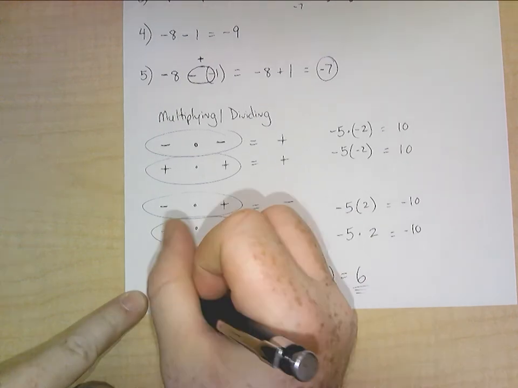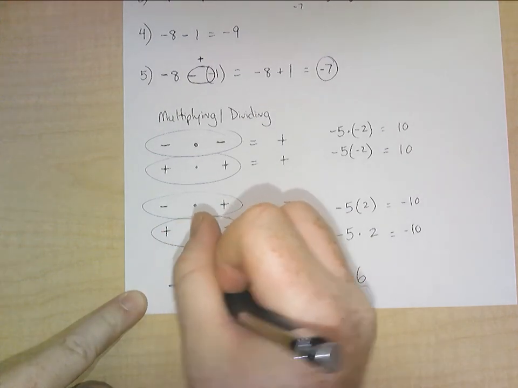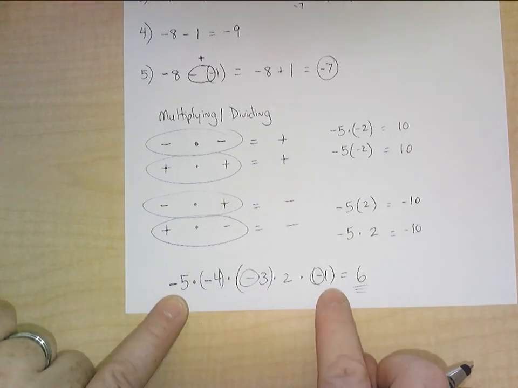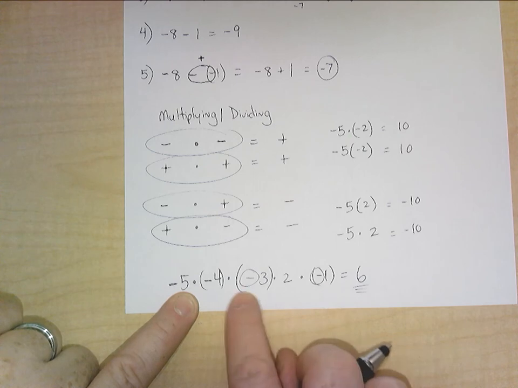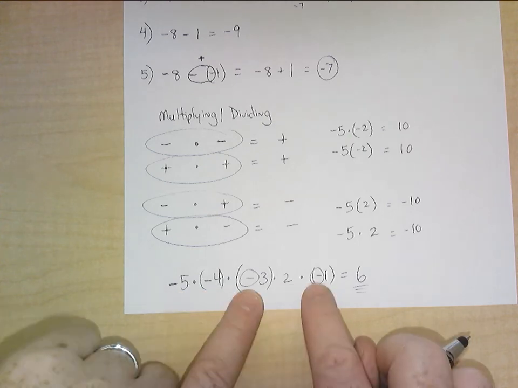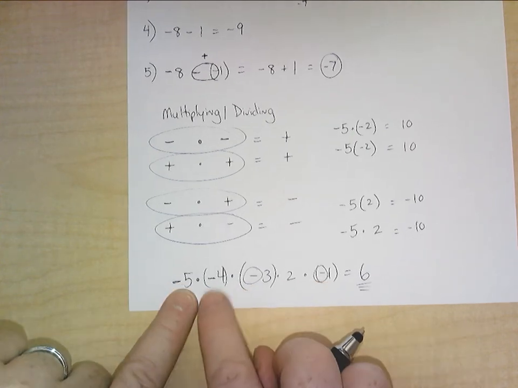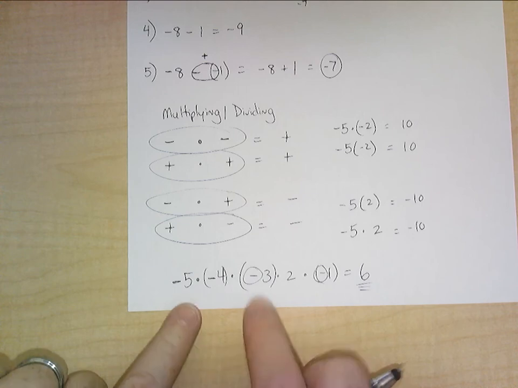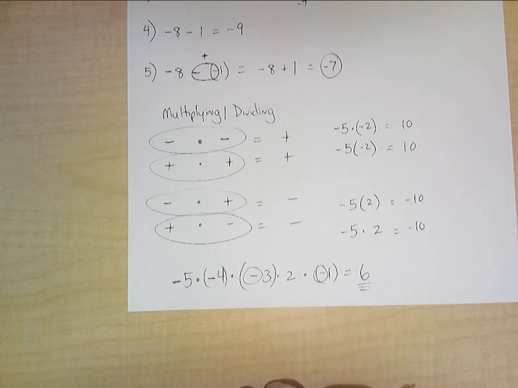But if you had another negative on top of that, let's say I have 4 negatives, well, because you had 4 negatives, they'll all count each other out, so you just have 5 times 4 times 3 times 2 times 1. And that would be 120. That would be positive. All right, so that's basically it.